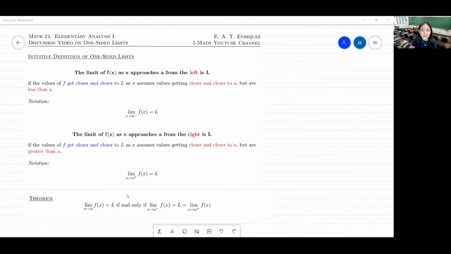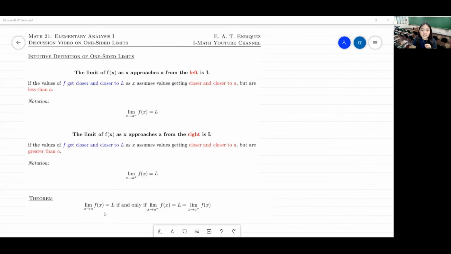And finally, this is a theorem that's very important for your exercises. What is on the left is the standard limit definition, where we let x approach A. There is an assumption that x approaches from both sides of A, so you can think of it like a two-sided limit.